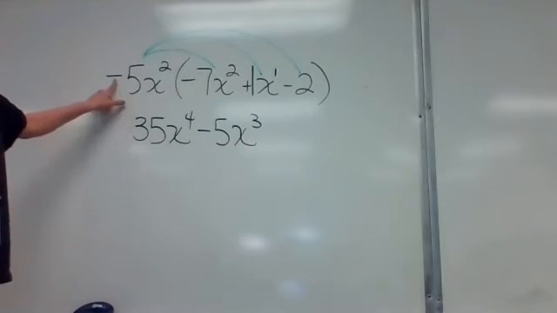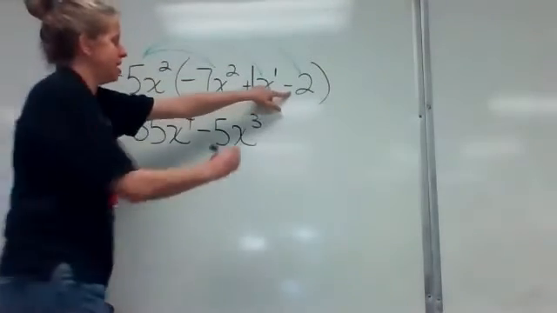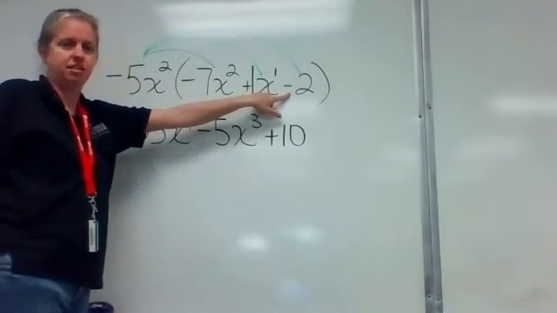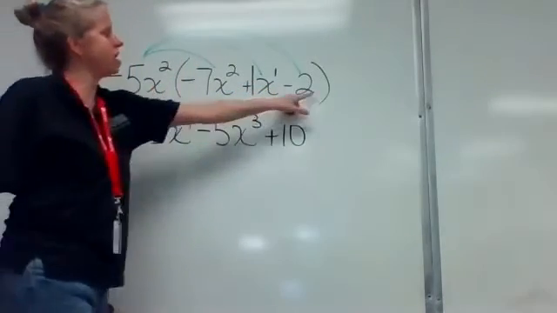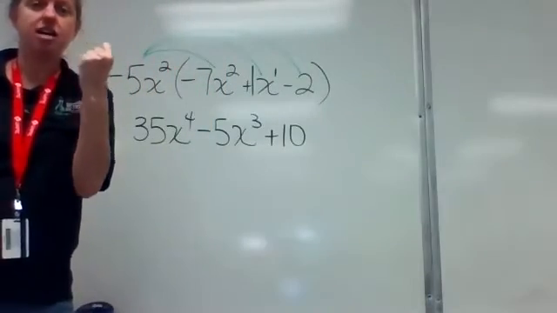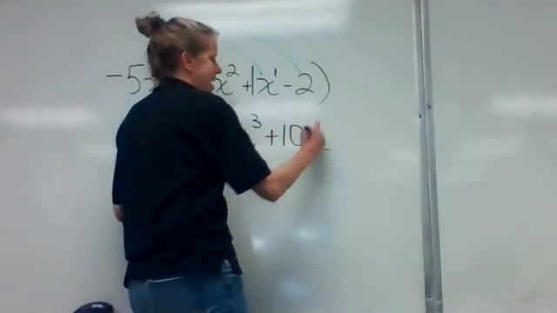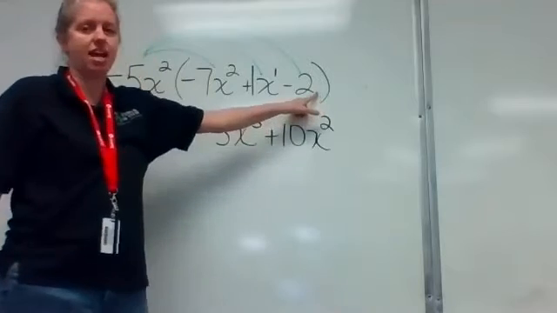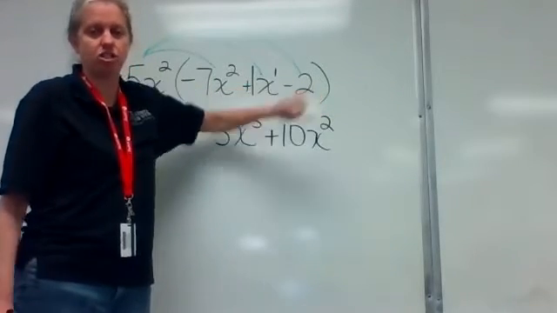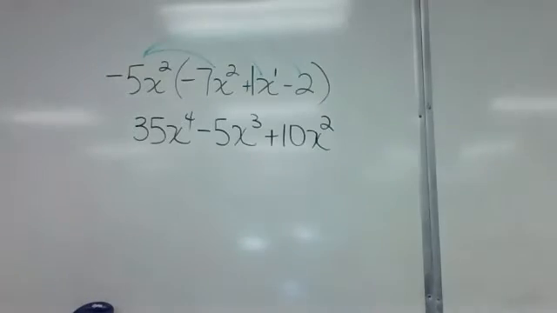And then the last one, negative 5 times negative 2 gives me positive 10. Now you've got x squared. There's just no more x's to add any more exponent to that. So it's just going to stay x squared, right? This one doesn't have any x's to add to that x squared. So it just stays x squared right there.